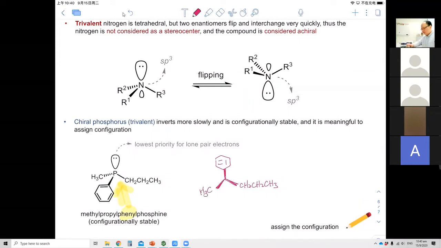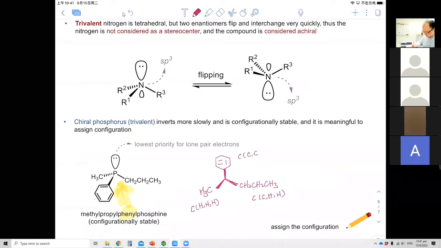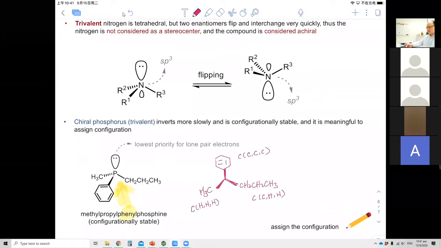Then we need to figure out the priority within these three. This carbon has 1 carbon substituent and 2 H. For this methyl, we have a carbon with 3 H. And this one has a double bond on it, so it's a carbon with 3 carbons, because a double bond is considered 2 carbons.